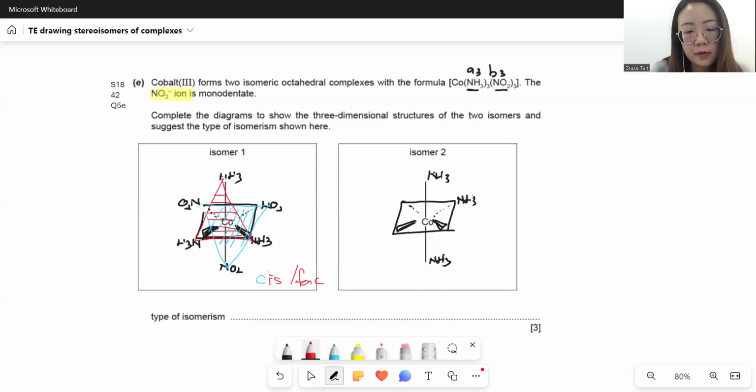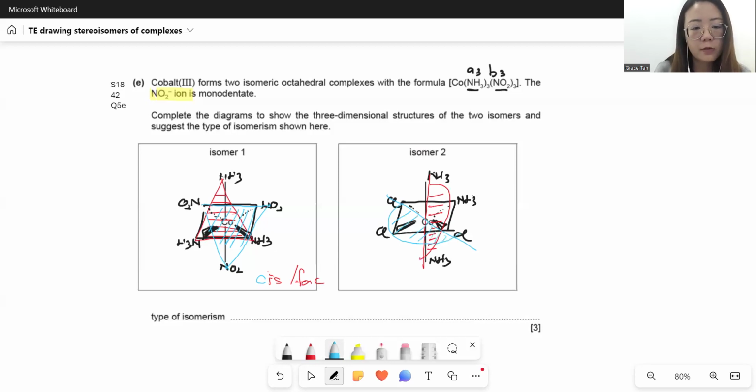And then you can see there's a 180 relationship, right? So this is the half moon, the meridian line. And then the other 3 chlorine like this. It's on the plane. It's still a meridian line, half moon.